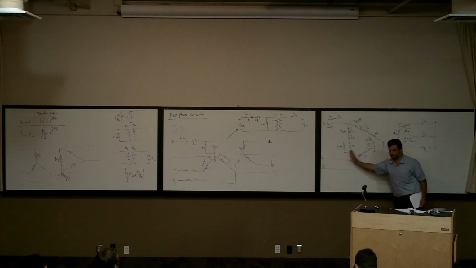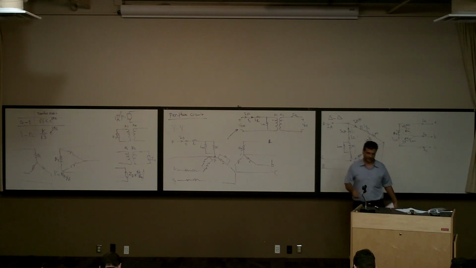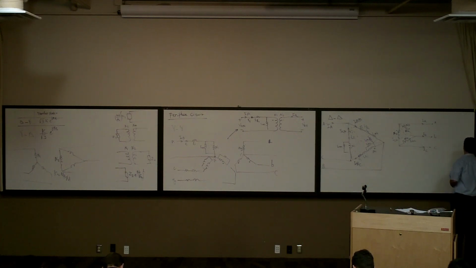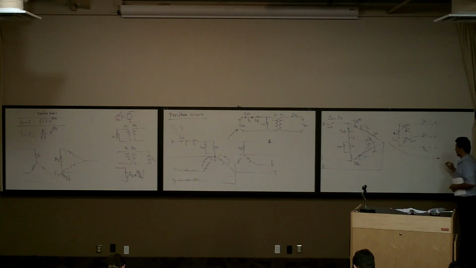If both of them are divided by the same number, you can assume that they didn't divide by any number, right? The transformer ratio is not going to change at all. So here I can draw the single phase now. The single phase is going to be like this.